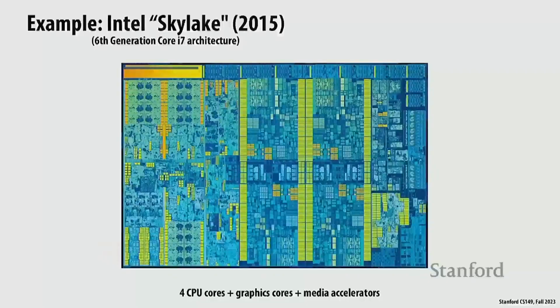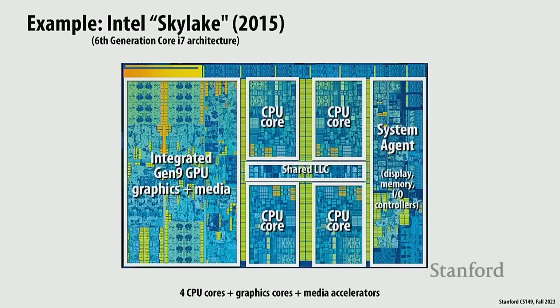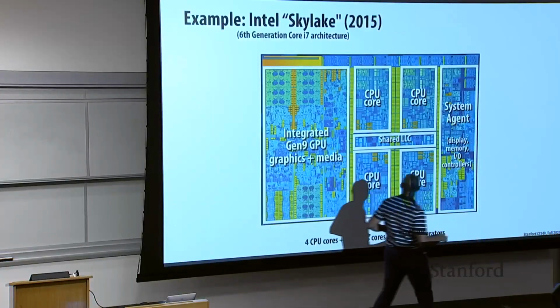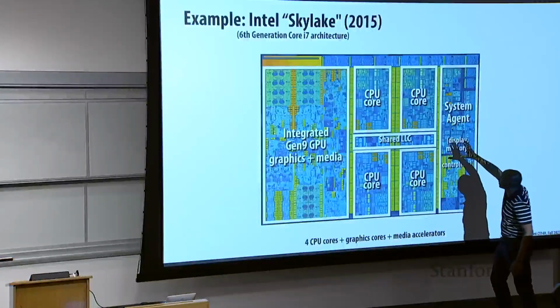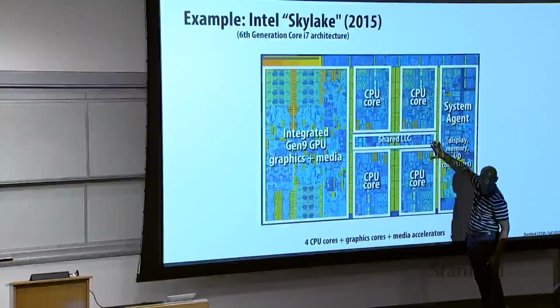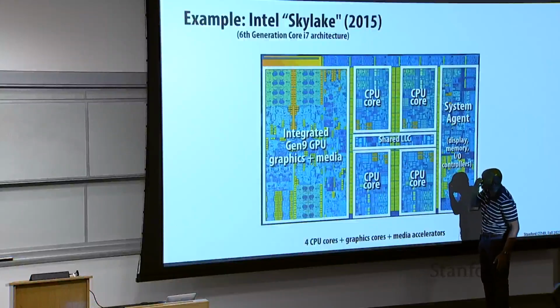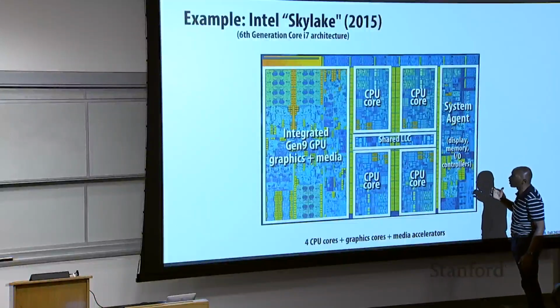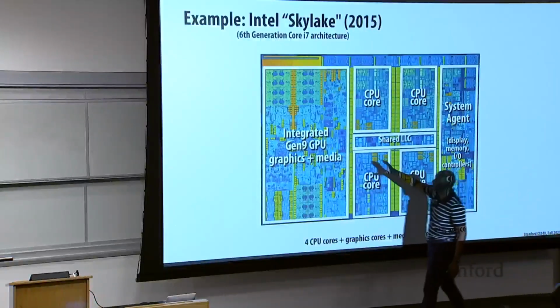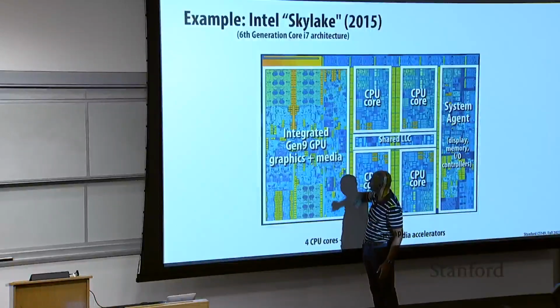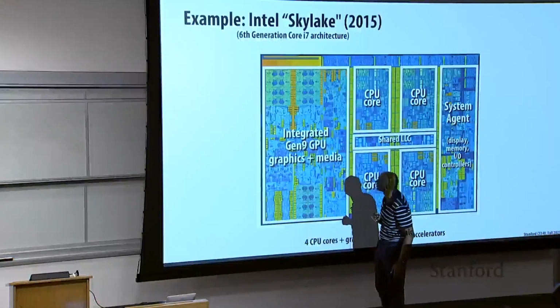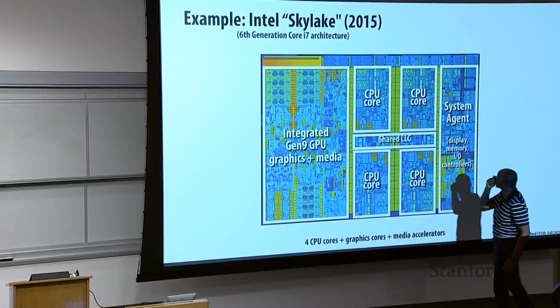So take the Skylake processor, that's the Intel Core i7 architecture in your myth machines. They are in fact heterogeneous, right? The focus of our programming has been on the CPU cores and their associated caches. But of course, they've also got an integrated GPU and graphics and media unit, which takes a significant amount of the area of the chip.